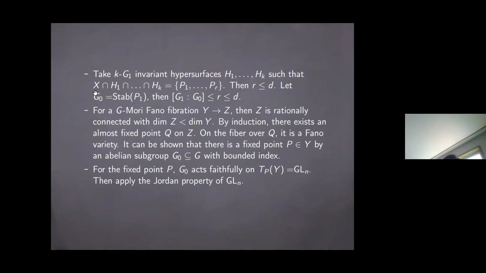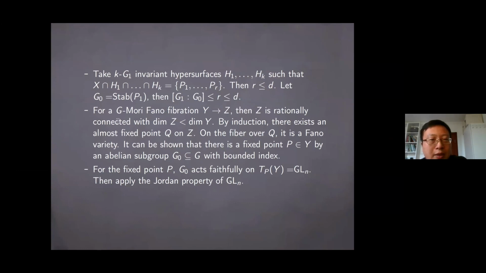Since we assume the degree of X is less than or equal to D, this R, the number of points, is less than or equal to D. Then we can let G0 be the stabilizer of one point P1. So it's easy to see the index of G0 in G1 is less than or equal to R, and by assumption, less than or equal to D.